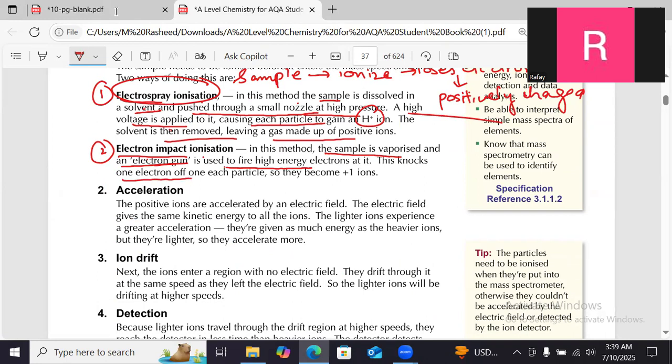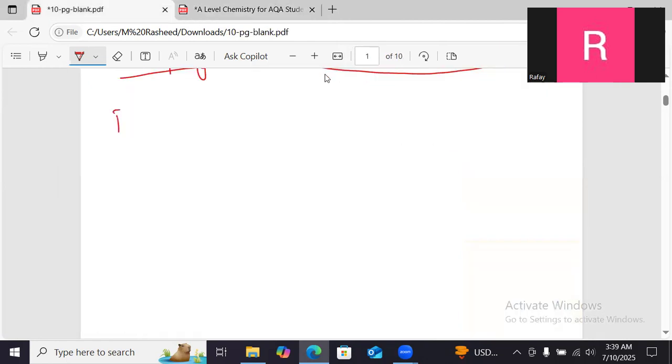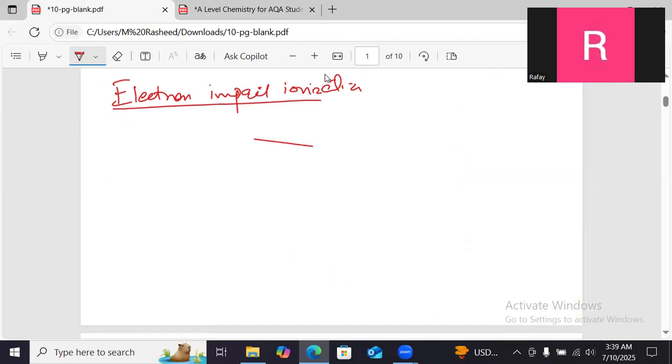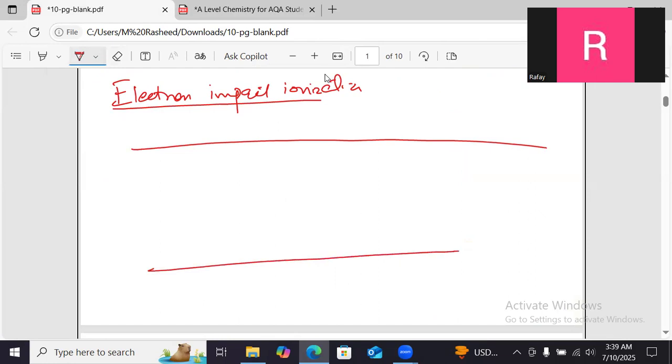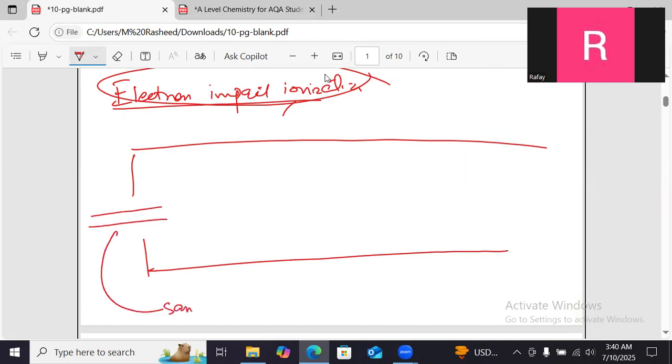For example, in electron impact ionization, let's say this is mass spectrometer. If ionization chamber contains electron impact ionization, then when the sample is injected, in this case, sample should be in vaporized state, or you can say vapor state.